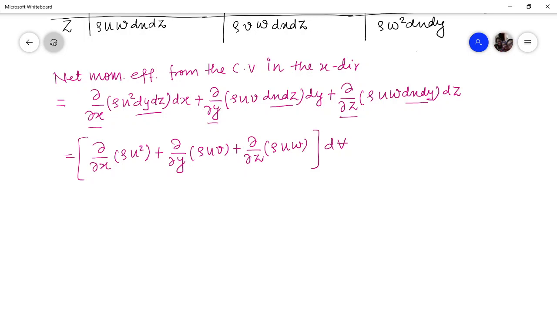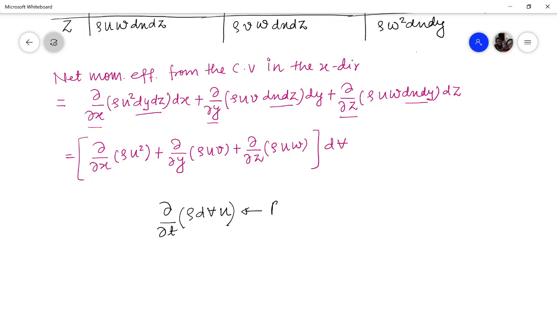Now, what is the momentum in the x direction? The momentum in the x direction is mass times velocity in the x direction. So that is rho dv, the mass of fluid within the control volume at that instant, times the velocity. So the rate at which this is accumulated within the control volume will be given by this.